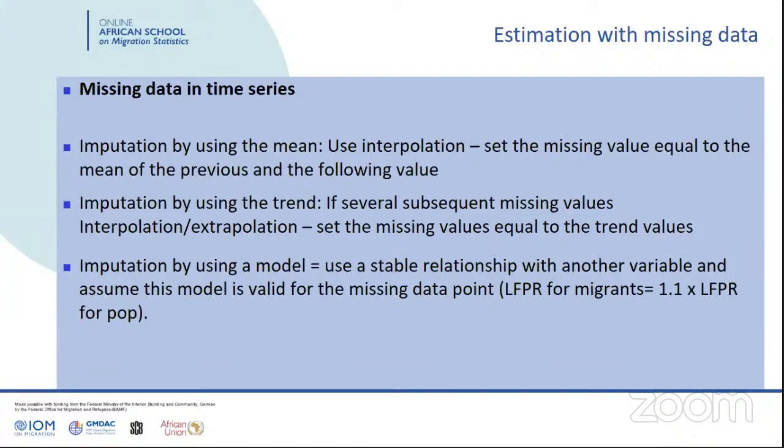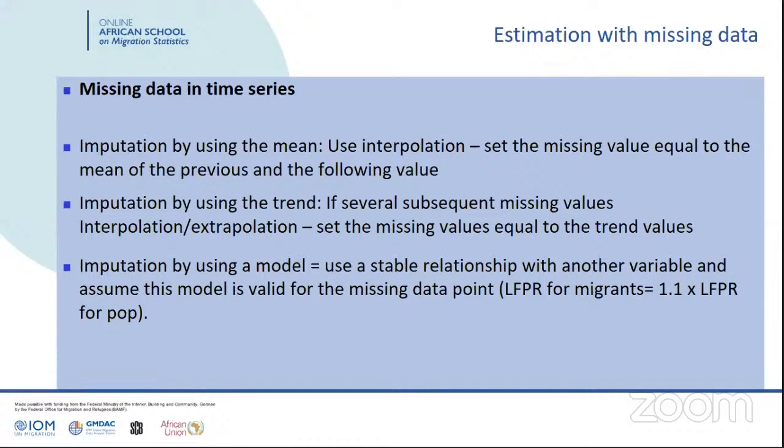Another situation is where we may miss a number of values 2010 to 2019, but we can use a model. Let's say we miss the labor force participation rate for migrants. Well, let's say we miss all the values. We have no values for the labor force participation rate for migrants.